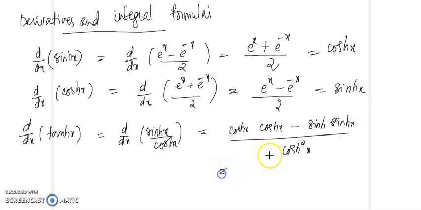So that will be 1 minus tanh squared x. So 1 minus tanh squared x is sech squared x. So the derivative of tanh x is sech squared x. Similarly, you can find all the other identities.